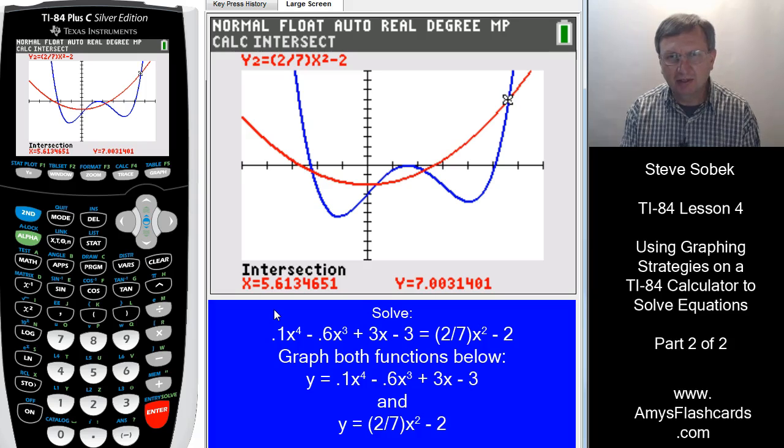But if you're an engineer out in the field, your typical problem is not going to result in an equation that's factorable over the set of polynomials with integral coefficients. It's actually very difficult to make up problems that are factorable in that way. But in the real world, this graphing method would find those solutions for you.